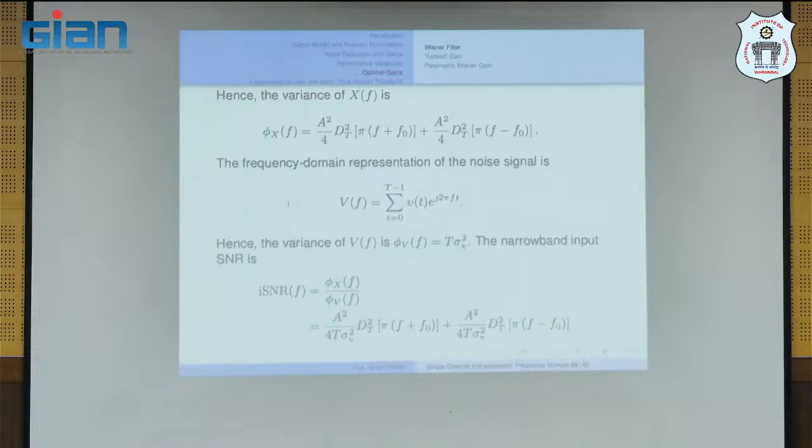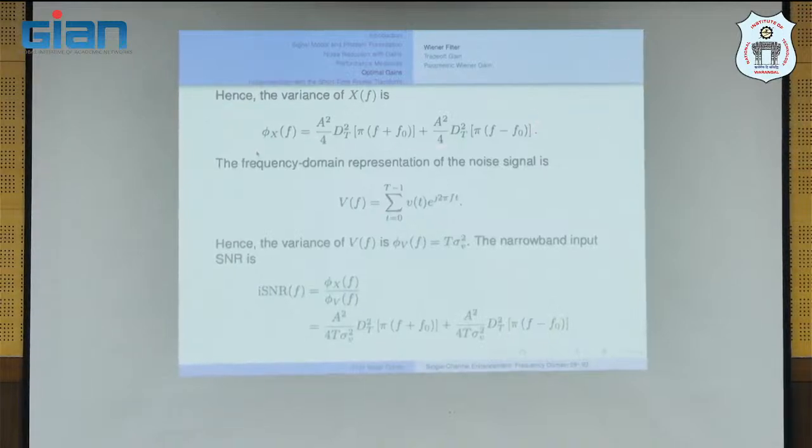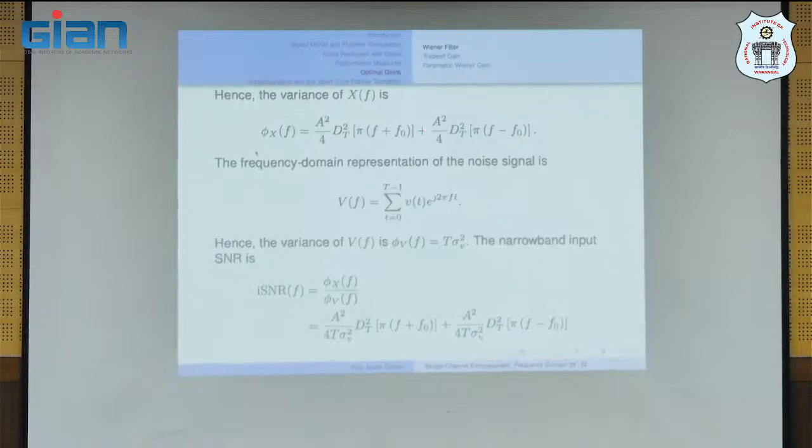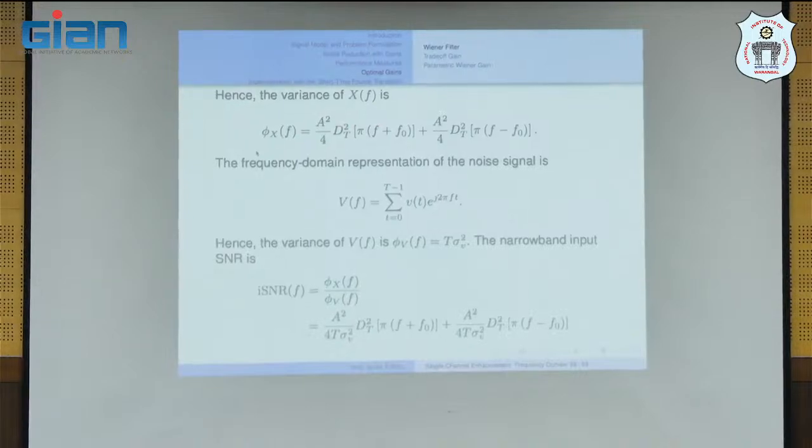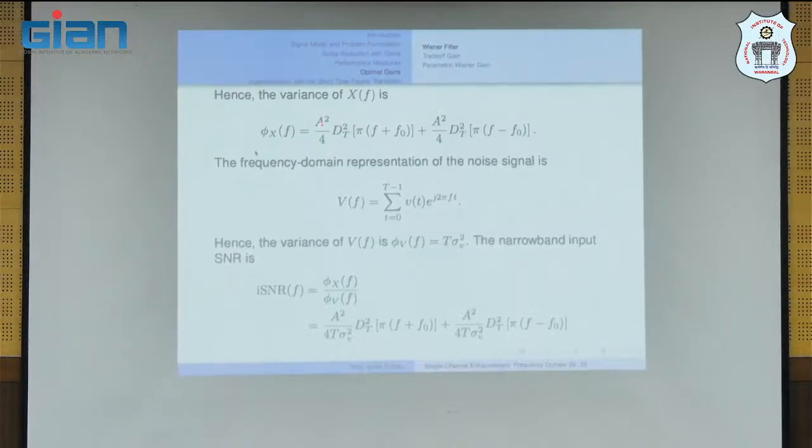And so the variance of the desired signal, or the spectrum of the desired signal, will look like this. You see, this is similar to sinc, but it's not sinc, it's like the periodic sinc, which is centered around f0, and another one centered around minus f0, because you have the two frequencies, the positive and the negative.